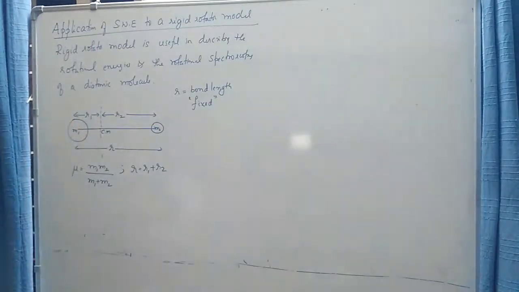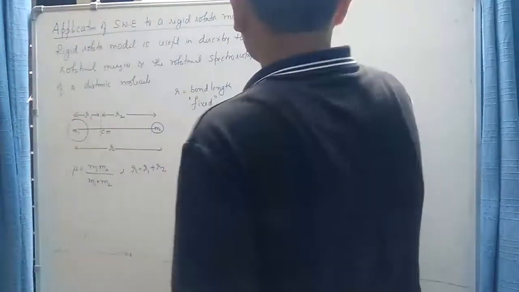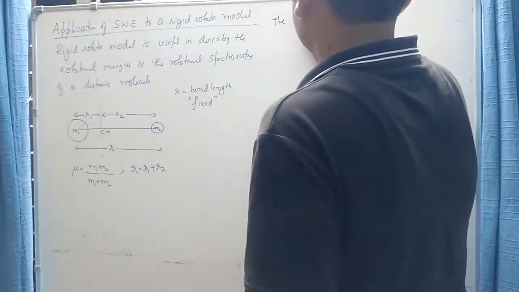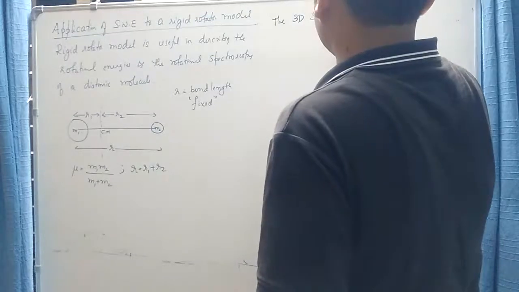So what we will do is use the 3-dimensional Schrodinger wave equation. Let us first write the general 3-dimensional Schrodinger wave equation.